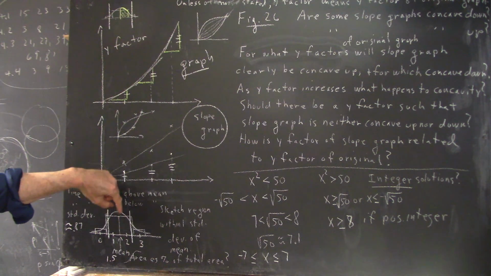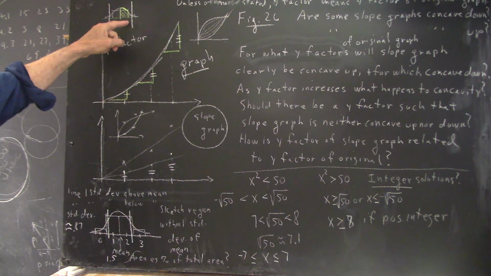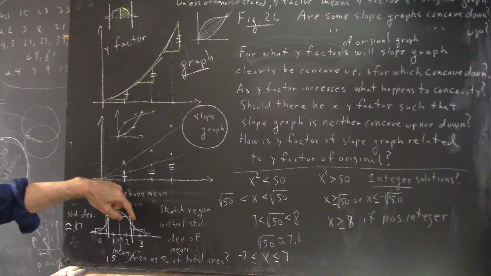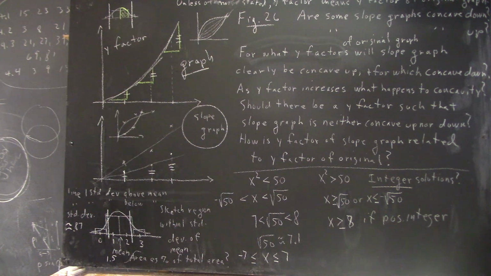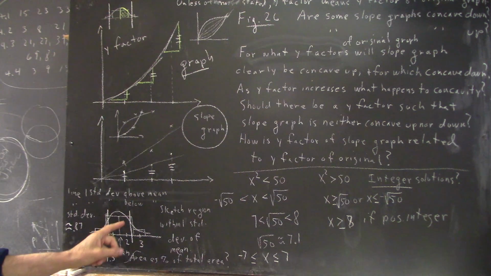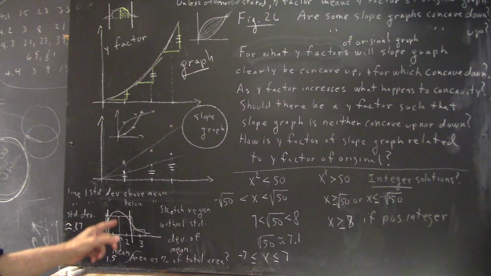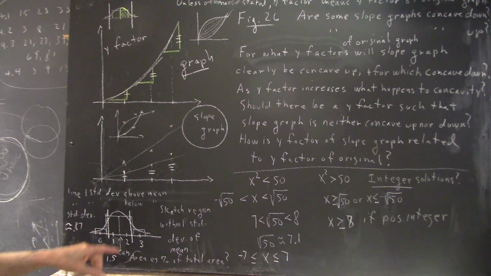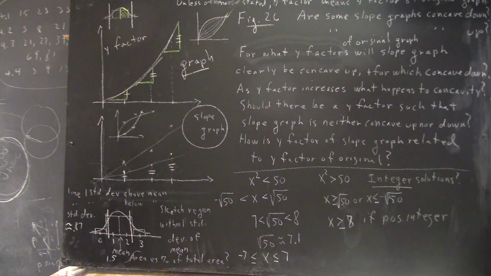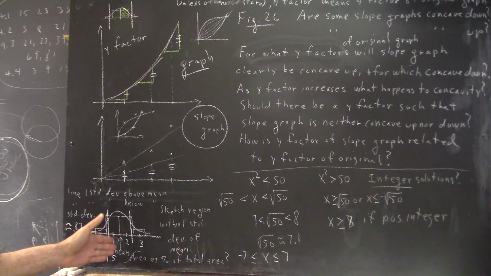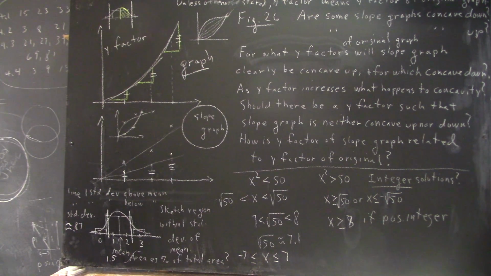If we take this rectangle here, the area under the curve is kind of indicated in green, and that area should be equal to the area of that rectangle. Okay. So the area of each rectangle should be equal to the area under the curve between the left and right side of the rectangle. Okay.